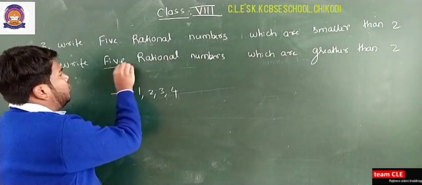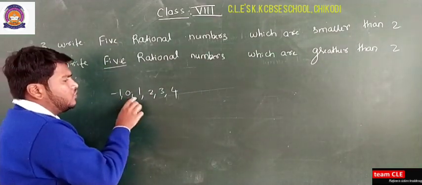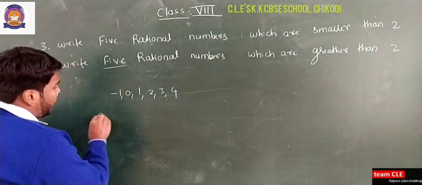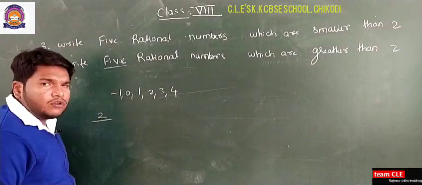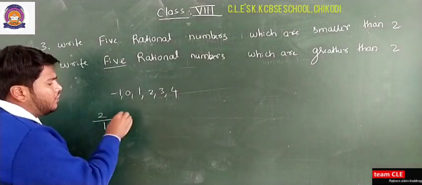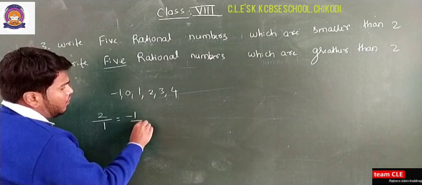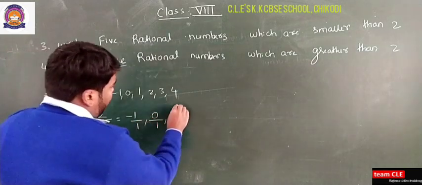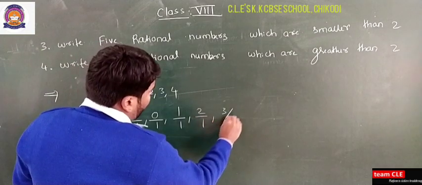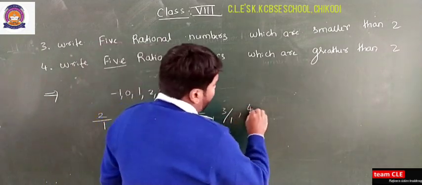We can take any 5 rational numbers. 2 is an integer, positive, and it can be expressed in the form of rational numbers, means we can write the rational numbers as -1 by 1, 0 by 1, 1 by 1, 2 by 1, 3 by 1, 4 by 1.